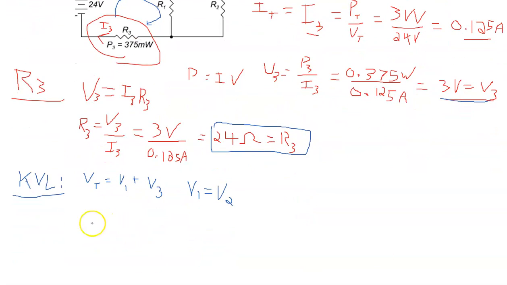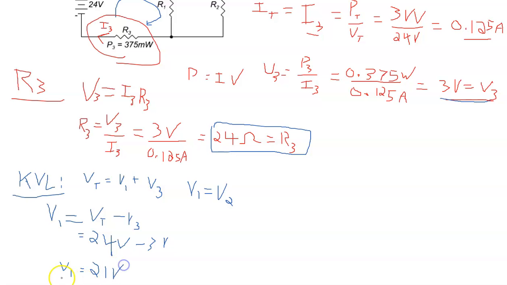And so from KVL then, we can say that V1 is equal to VT subtract V3, and we have then 24 volts subtract 3 volts, and so V1 is equal to 21 volts.